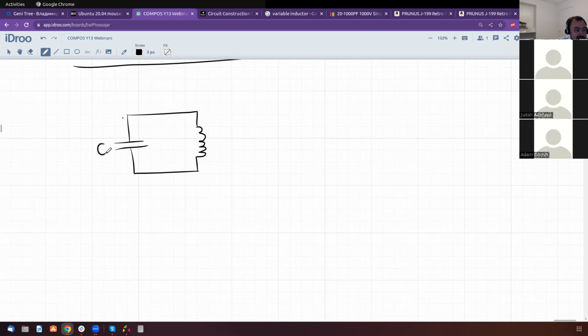This is the capacitor, and this is the inductor. Radio signals are high frequency. So shortwave radio is high frequency. So you want to increase the frequency of the circuit.